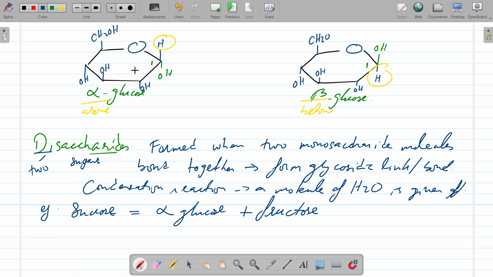And the type of bonding that we need to know: remember that these are all numbered. So this is carbon number 1 over here, and here we have carbon number 6.